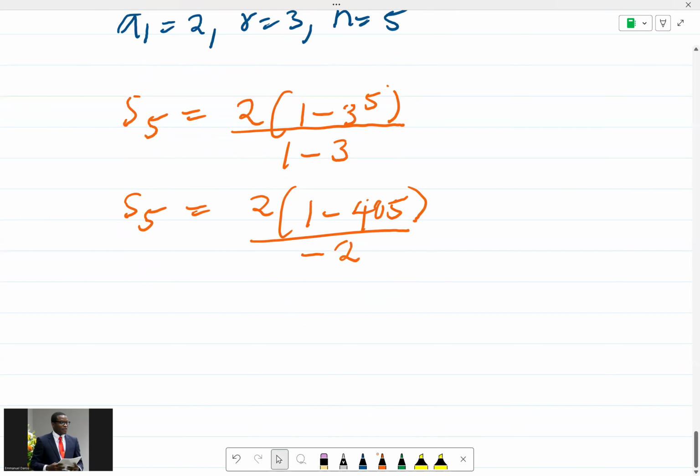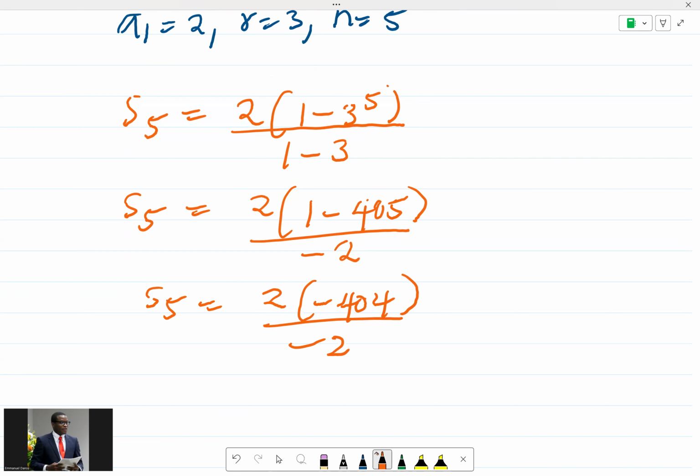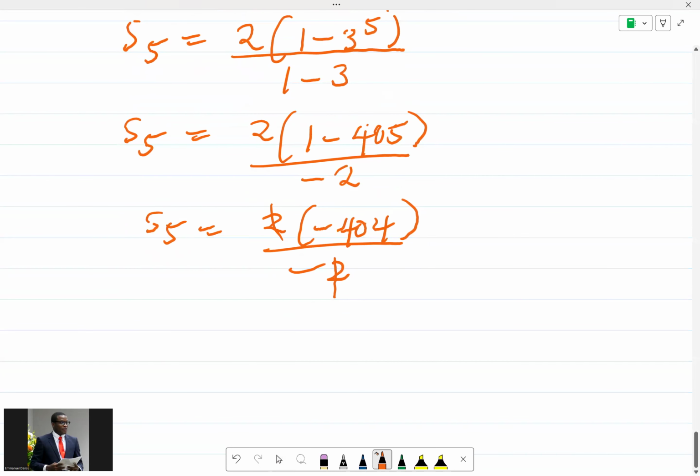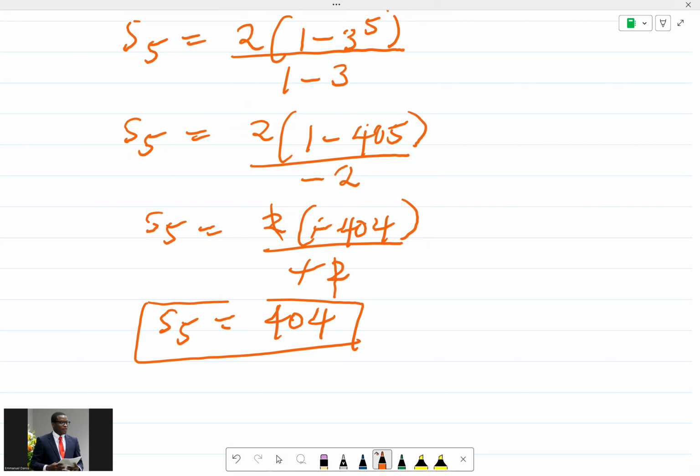So we have S5 equals 2 into minus 404 divided by minus 2. So 2 cancels 2, and this cancels this. So S5 is 404. So the sum of the first 5 terms is 404.